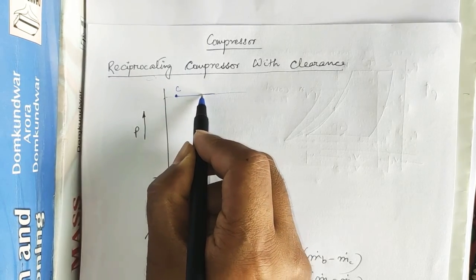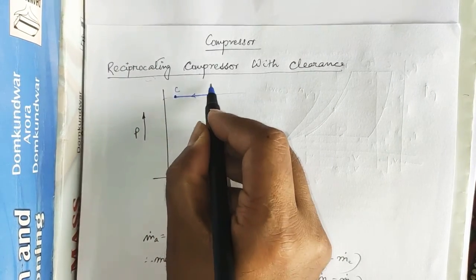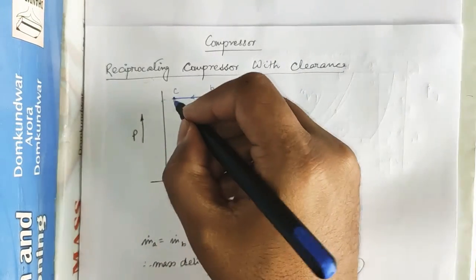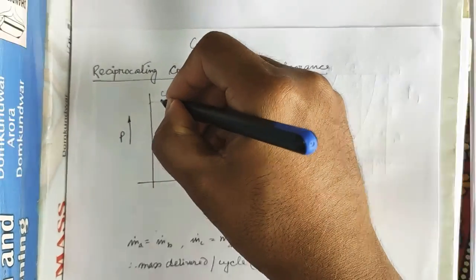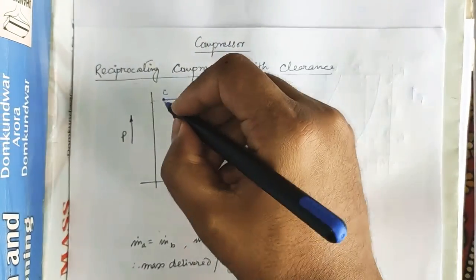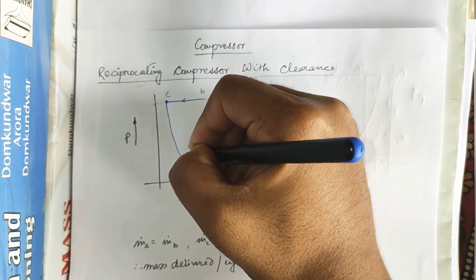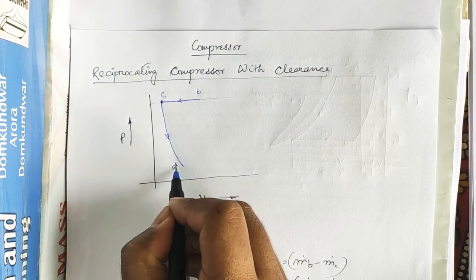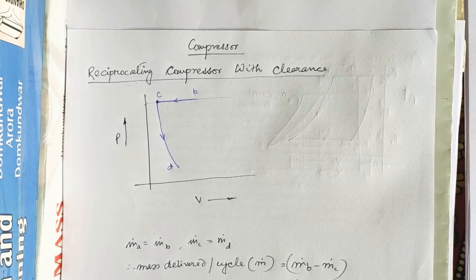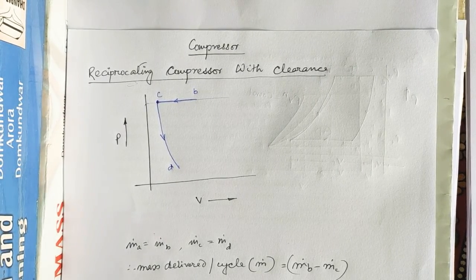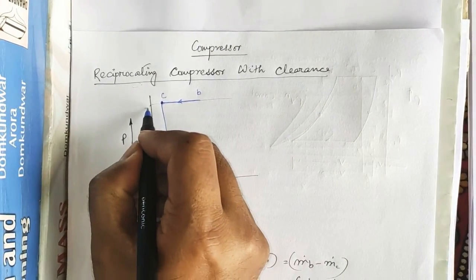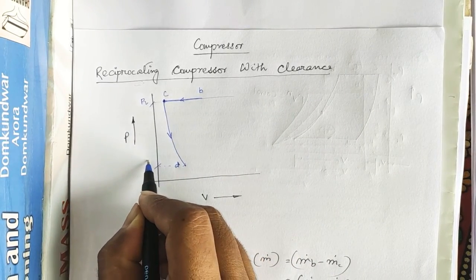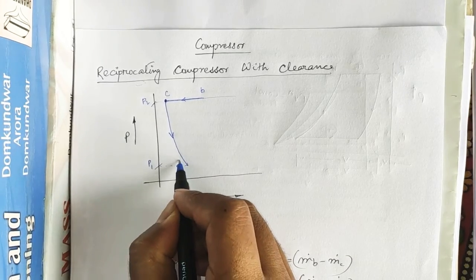So suppose B to C is the delivery stroke. Now at the end of this delivery stroke, the air will again expand polytropically from point C to point D, and this expansion will continue until the pressure P1, which is known as the suction pressure, is reached.